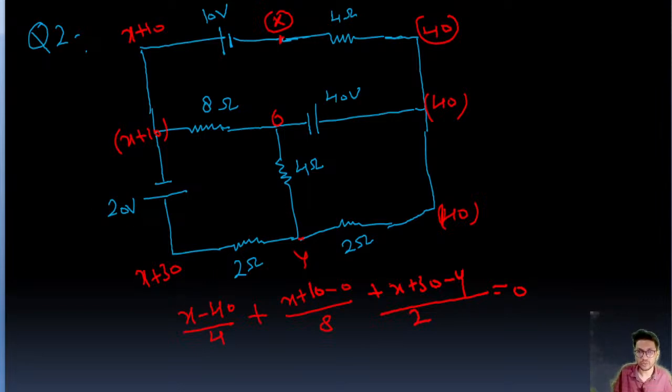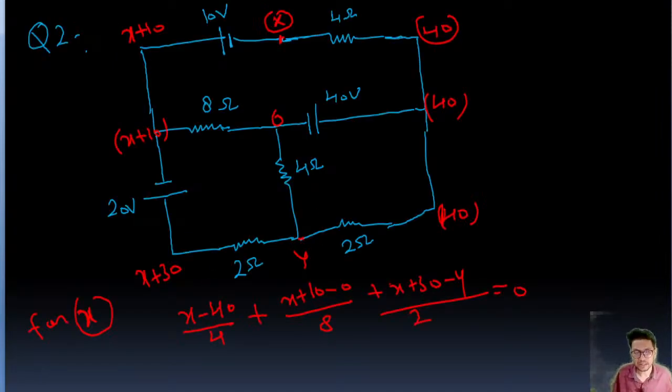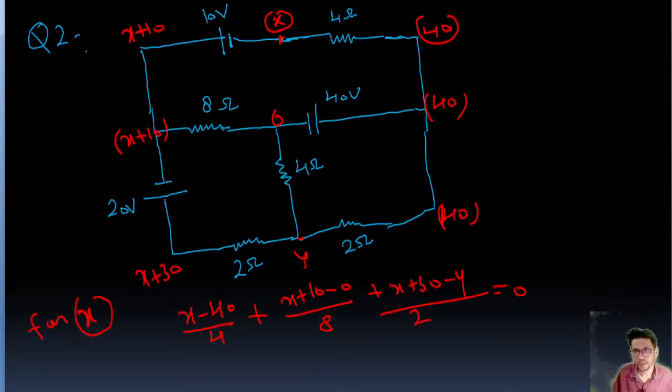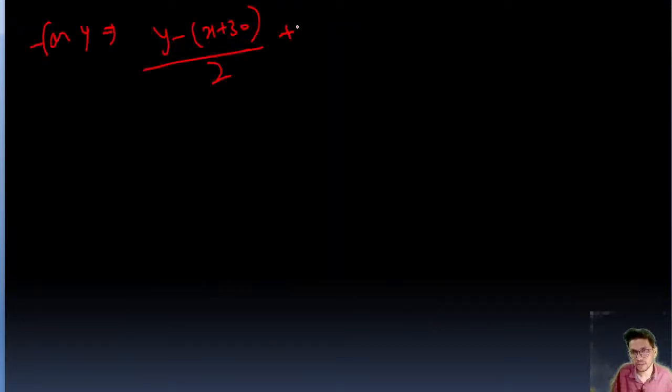This is for x, because we have chosen two variables, two voltages. Now for y it is going to be y minus x plus 30 upon 2, plus y minus 40 upon 2, equal to 0, and one more point, guys.